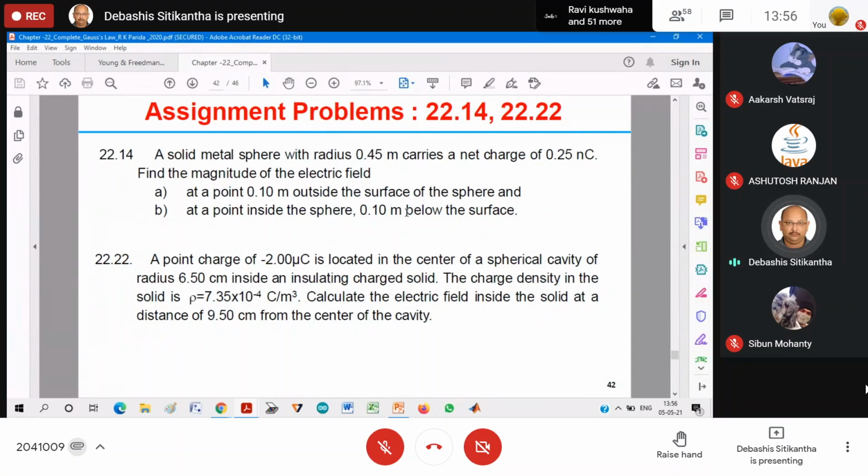Try to solve these problems. With this, we completed this chapter in full and final. Tomorrow we'll start with another new chapter. Chapter number 21 is complete. Chapter number 22 is complete. We'll start with chapter number 23.